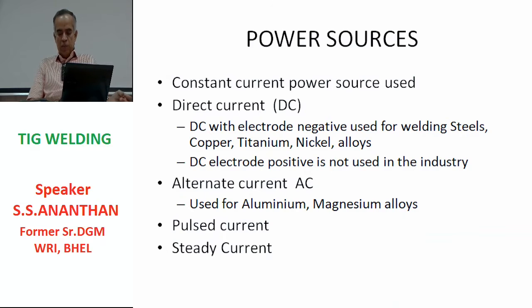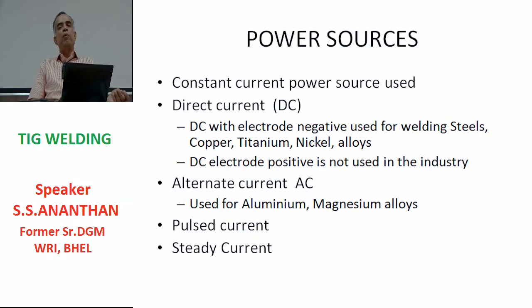DC electrode positive provides oxide cleaning, which is very important for aluminum and magnesium alloys. Alternating current actually consists of DC electrode positive and DC electrode negative, 50-50%. So this arc cleaning action helps clean the oxides in aluminum, and invariably aluminum is welded with alternating current.